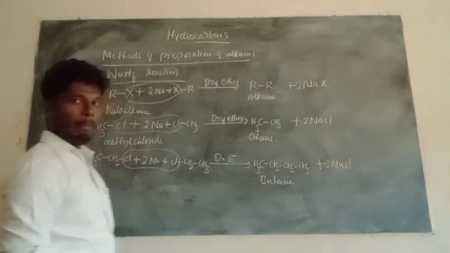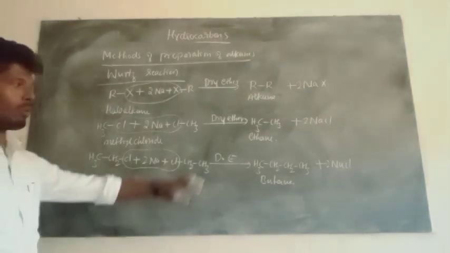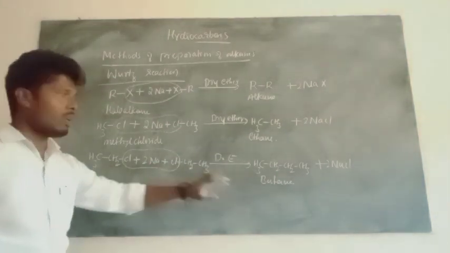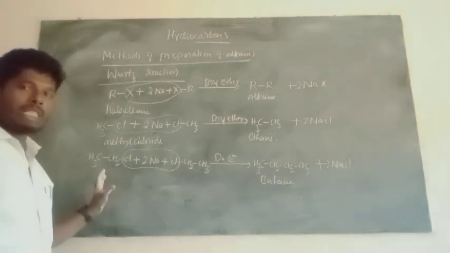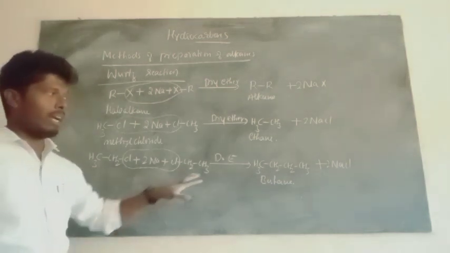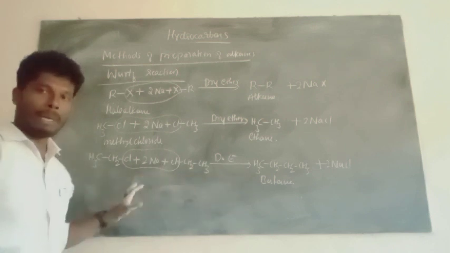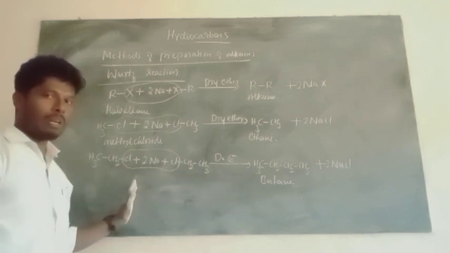Butane. Okay. So remember students, in this method we can prepare only higher hydrocarbons, I already told you. And here we are using primary haloalkanes only. Similarly, by using secondary haloalkanes, we can prepare alkanes, but we can't prepare from tertiary haloalkanes.